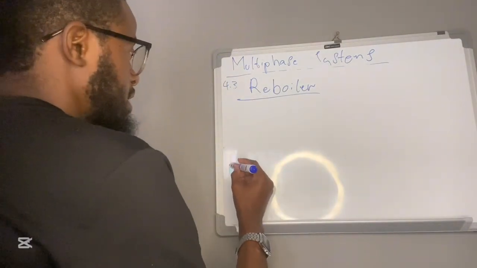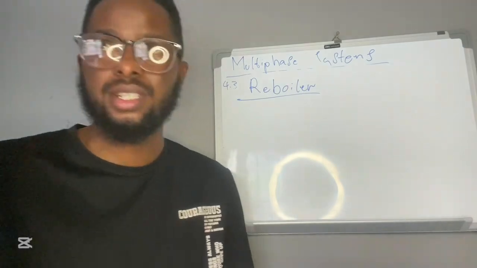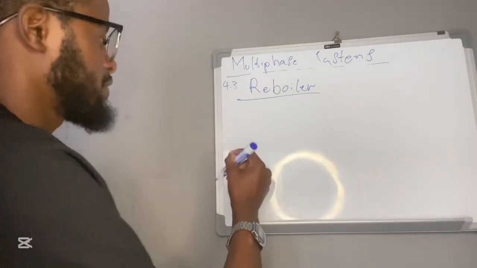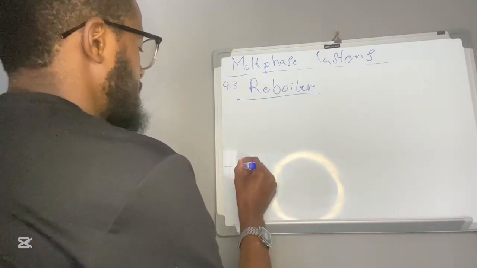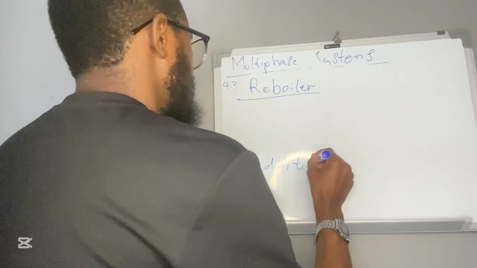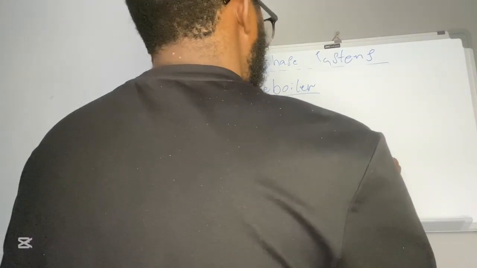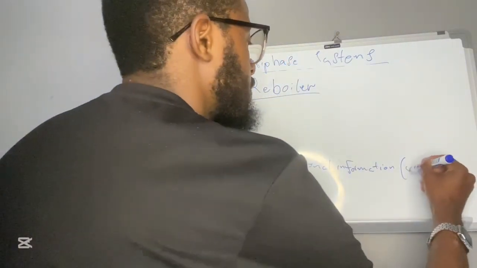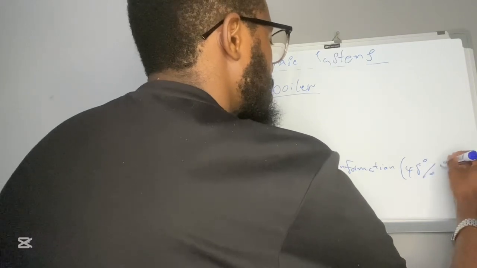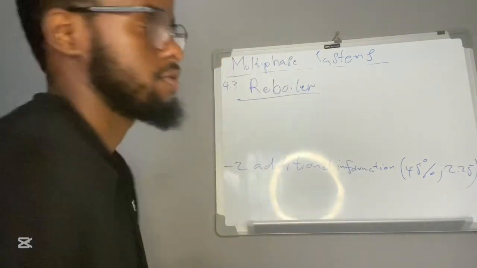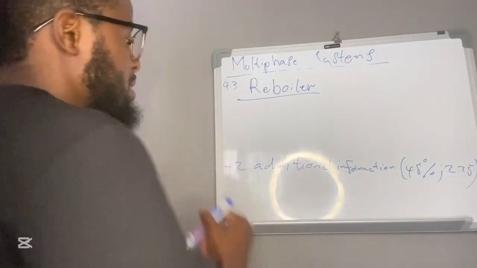You can name them one by one, but I'll just say I have 2 additional information now, which is the 45% and the ratio of 2.25.